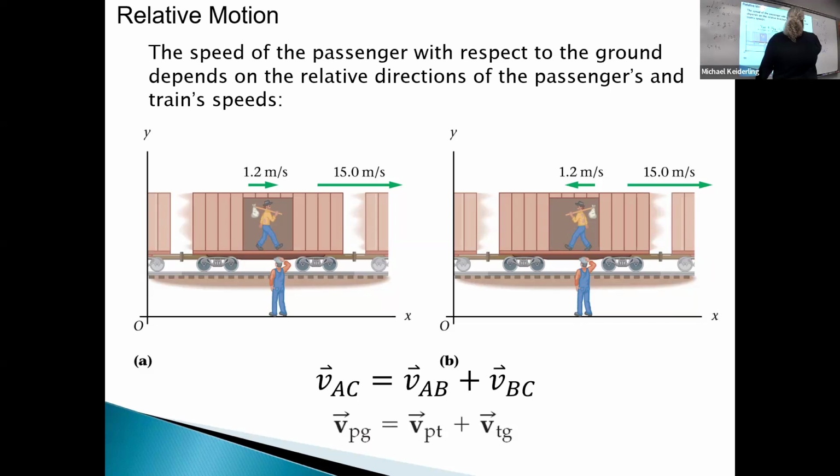But here, he's walking in the opposite direction. So you think of it as negative 1.2 meters per second plus 15 meters per second gives us 13.8 meters per second.